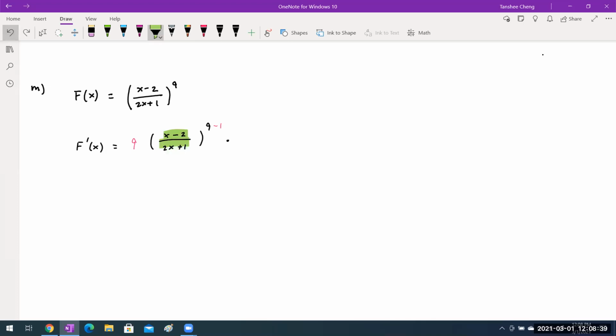That we need to do. And when we take the derivative of that, it will be the quotient rule. So I take the derivative of the numerator first. That will be 1 minus 0, times the denominator, which is 2x plus 1, minus the numerator, which is x minus 2, times the derivative of the denominator, which will become what? 2 plus 0.